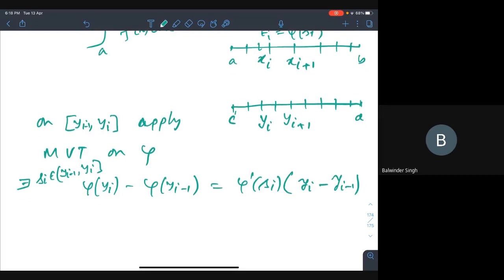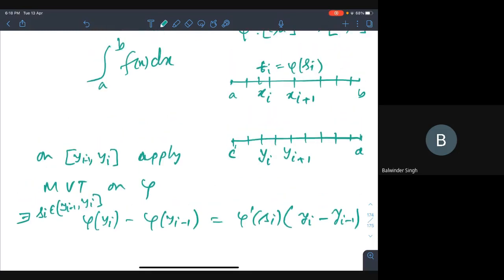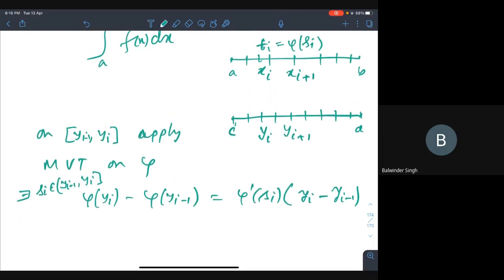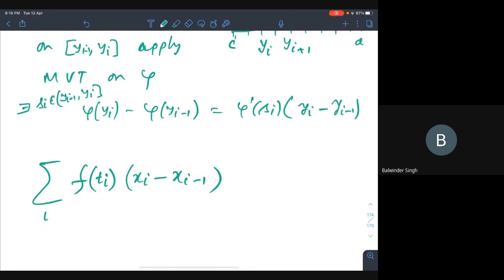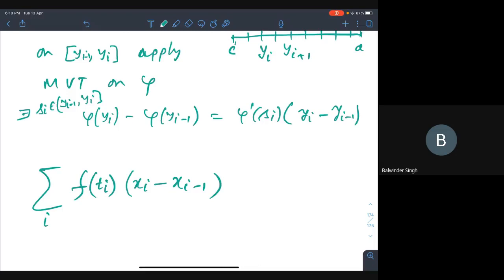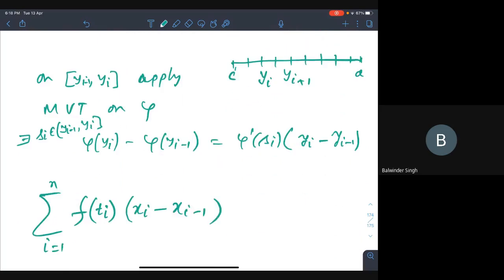All right. So for ti you look at phi of si, and this will be inside xi minus 1 to xi. So you look at this sum of f of ti times xi minus xi minus 1, and then sum over i, over whatever partition you take. As n tends to infinity, i equal to 1 to n, you get the limit because f is integrable, given to you, right?